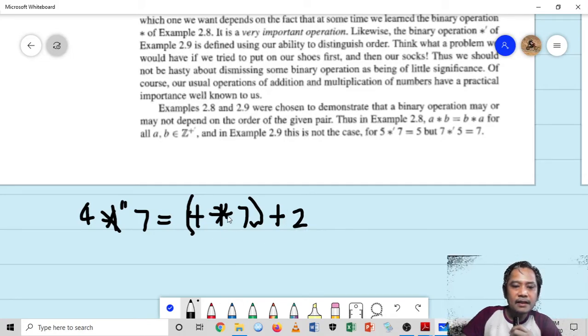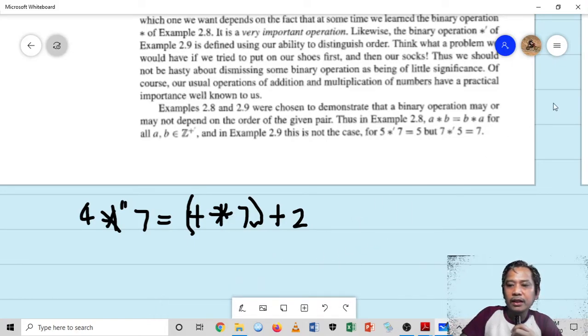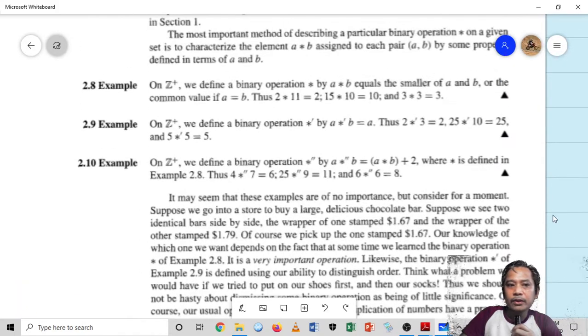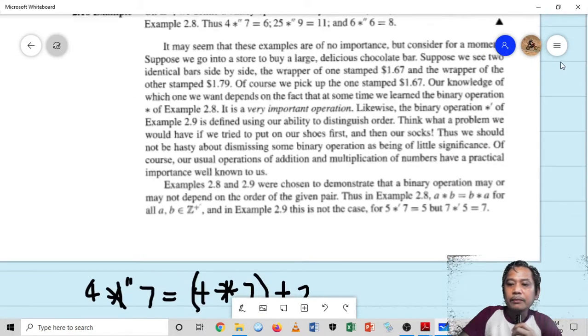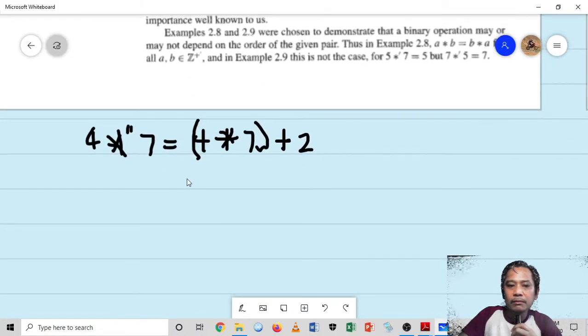But this asterisk is taken as the operation in example 2.8. So if we go back to example 2.8, asterisk equals the smaller of a and b, so the minimum between the two numbers.